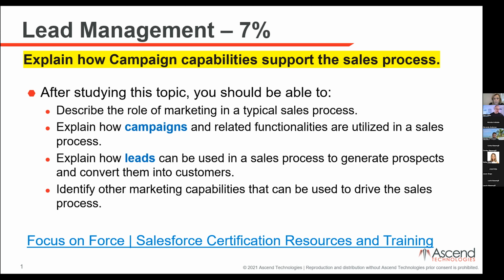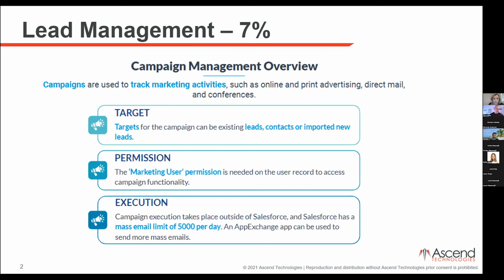Anyway, what I've got in here is some information about the campaign management overview. And one thing, and you guys all get this, you've been in this world for a long time: my big thing when I used to do training for end users was terminology is huge. I used to always say words matter.